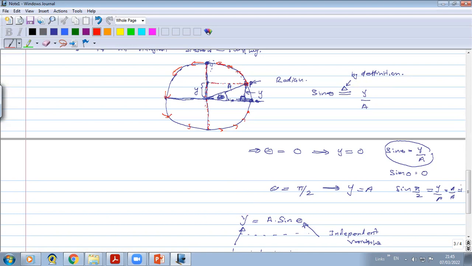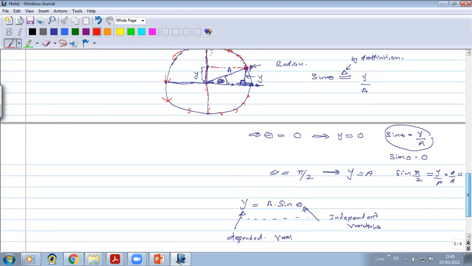So now you know how to graph a function. We have learned them in our O/L maths. We normally draw two lines like this. You already know that. Our independent variable is theta and our dependent variable is y.